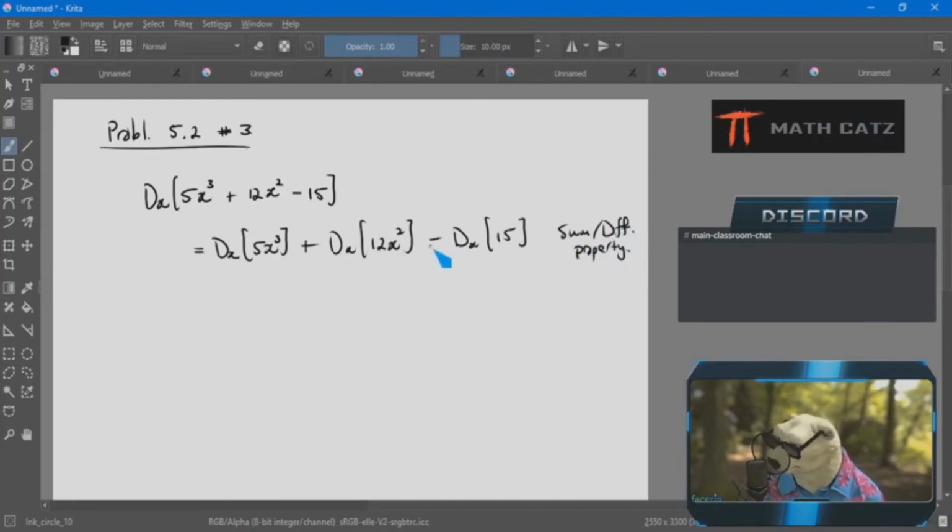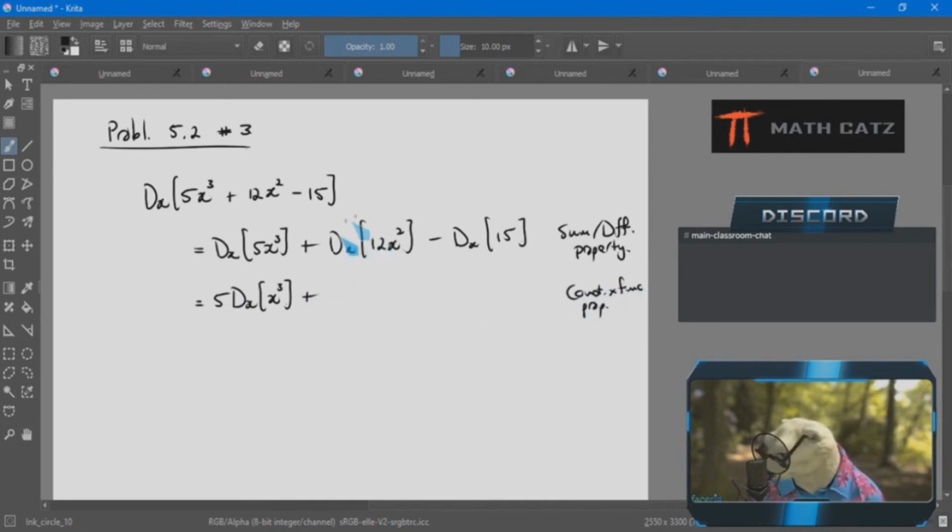Sometimes a sum, sometimes a difference. That's okay. Now I look at each one and see, oh, there's a number in front of the essence of the function. For the first one, I can put the 5 in front, and that is the constant times a function property.